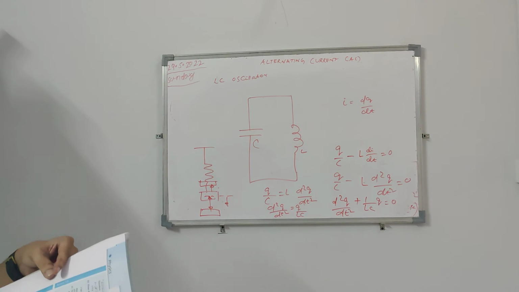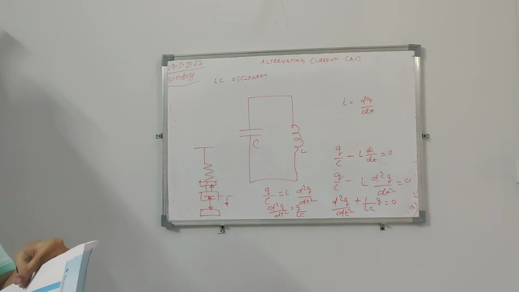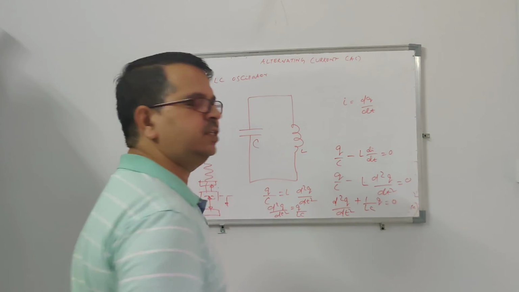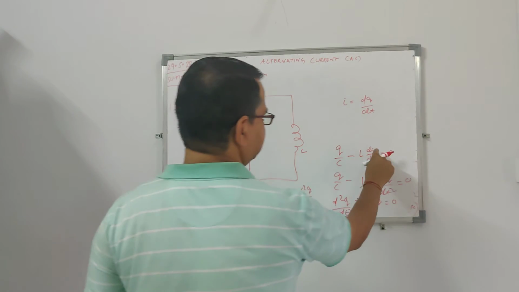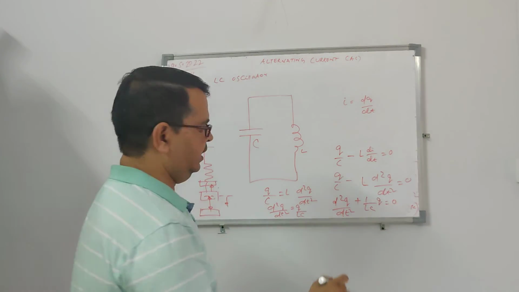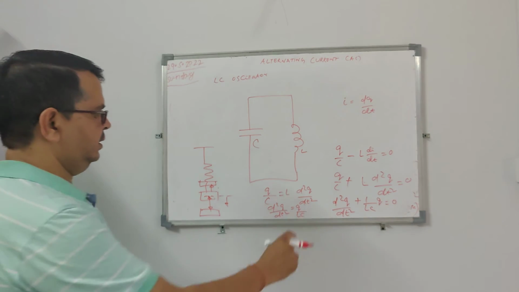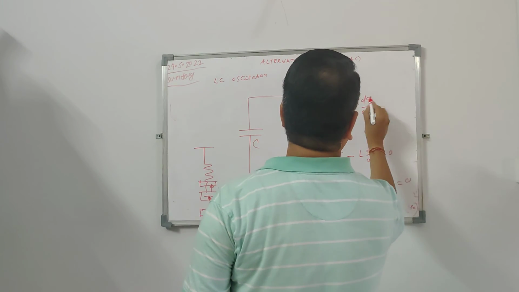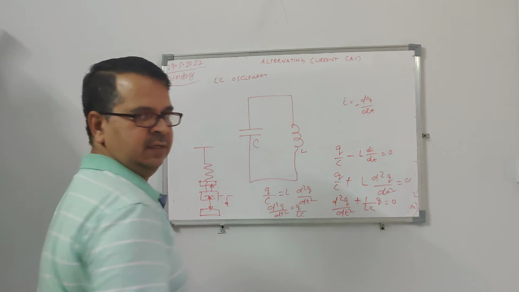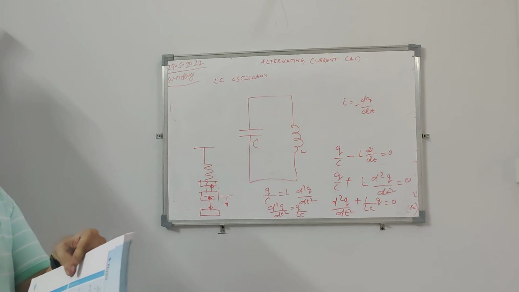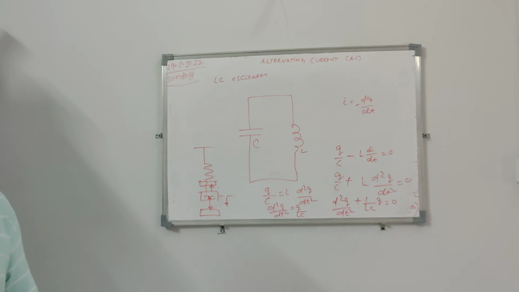Actually, in this case, I is equal to minus dq by dt, that's why this becomes plus. In an oscillator, when the current increases, charge decreases; when charge increases, current decreases.